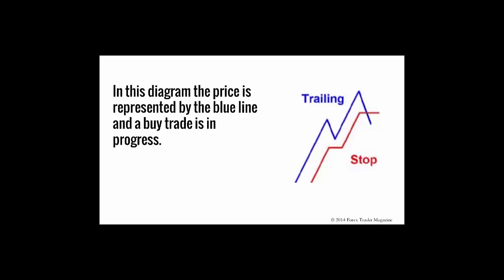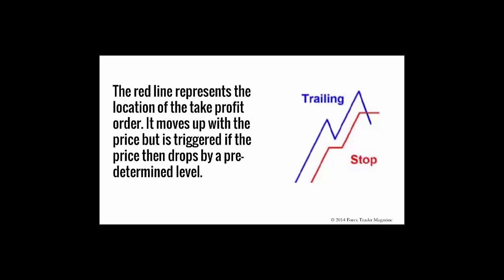But once the blue line changes direction, the actual price starts to come down, then the trailing stop, which is like a ratchet effect, stops going anywhere and just stays in place and takes effect as the price moves towards it or through it. The red line represents the location of the take profit order.